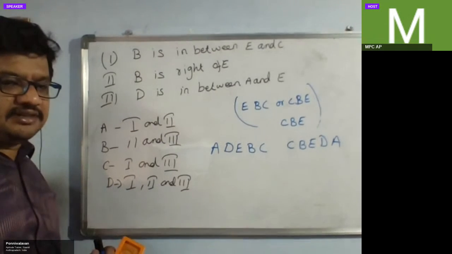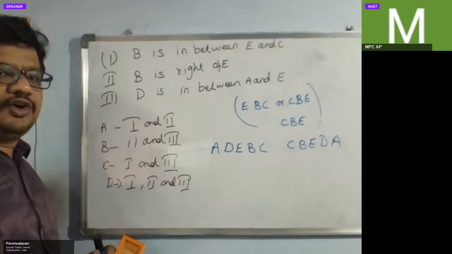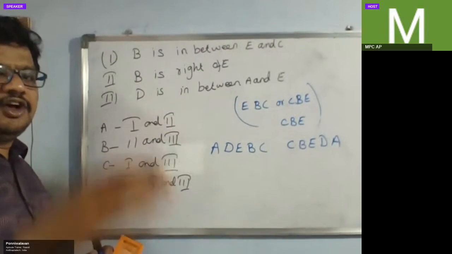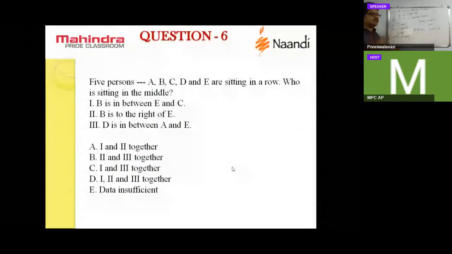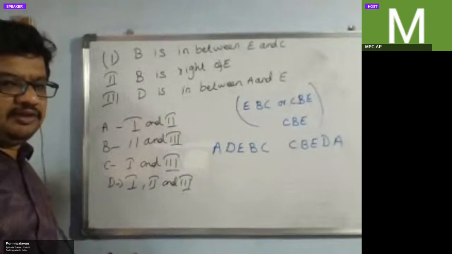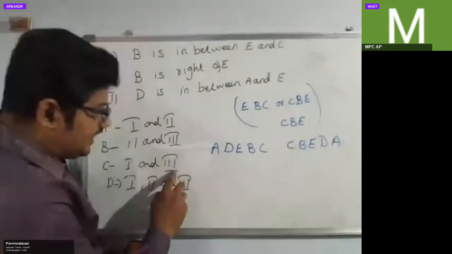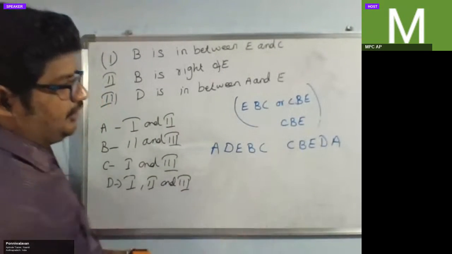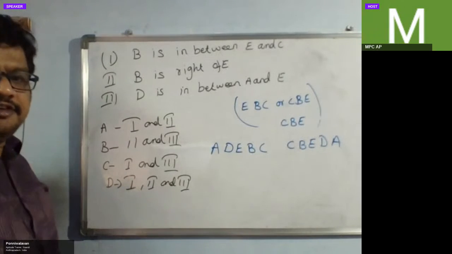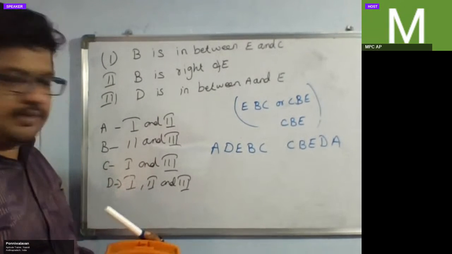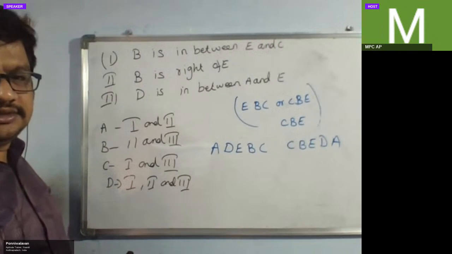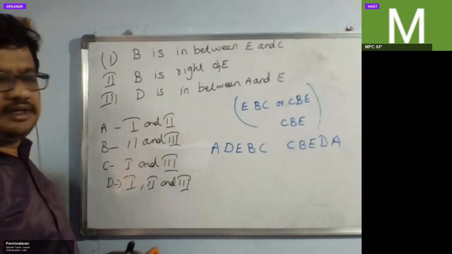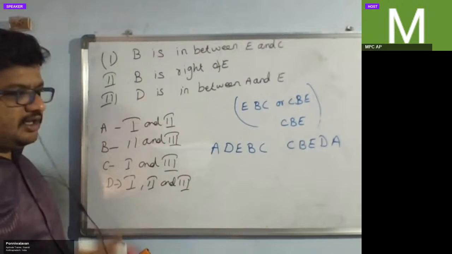Okay, what is the question? Who is sitting in the middle? From 1 and 3, is it possible to find who is sitting in the middle?